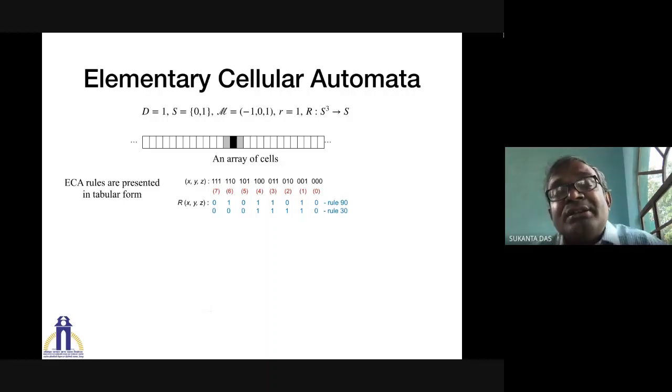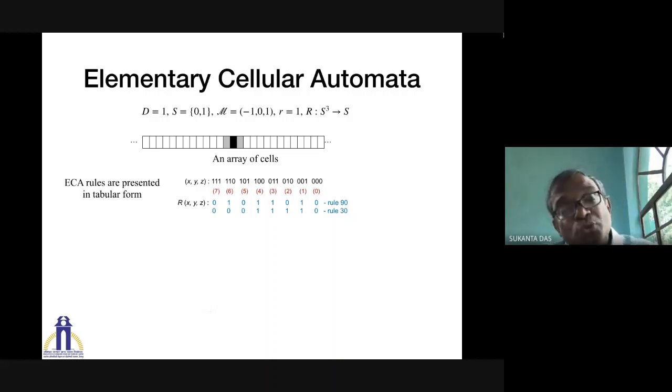The next one, I can get another rule, where r(0, 0, 0) is 0, r(0, 0, 1) is 1, and say r(1, 1, 1) is 0, etc. So look at the next rule. I can get a new binary sequence, which is actually another rule. So it's rule 30.